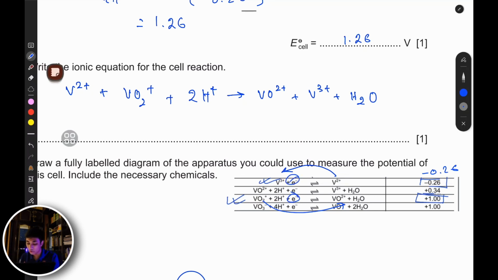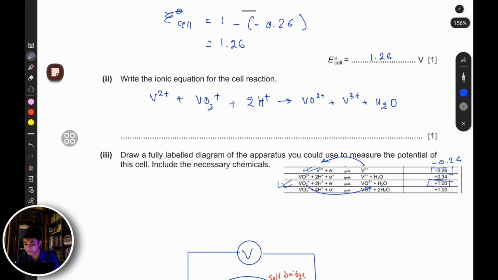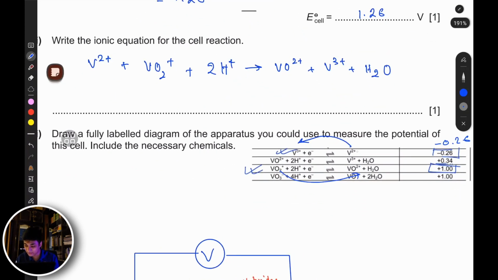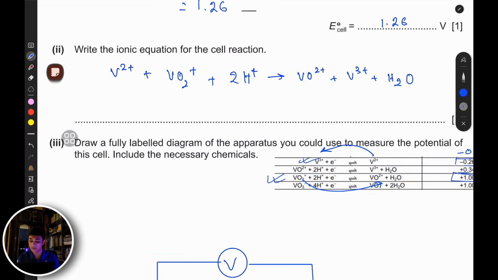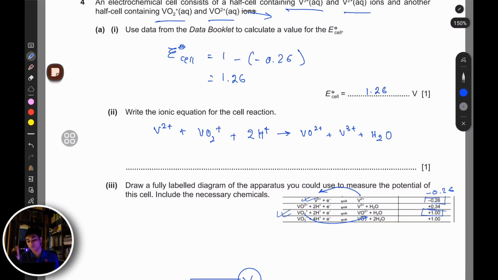Since you have only a transfer of one electron, you don't need to balance anything. You can directly add the reactants and add the products. Okay, so that is for the next question. So for part 1, you basically find the change in electrode potential, which is going to be E reduction minus E oxidation.